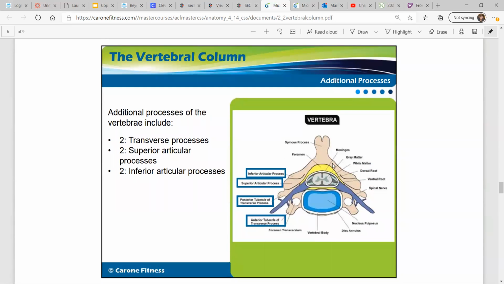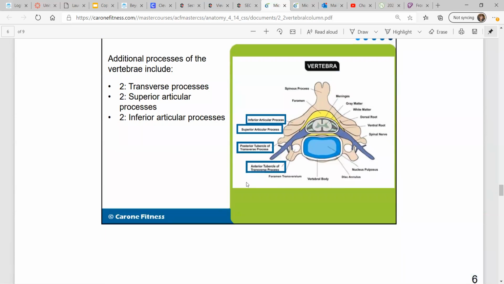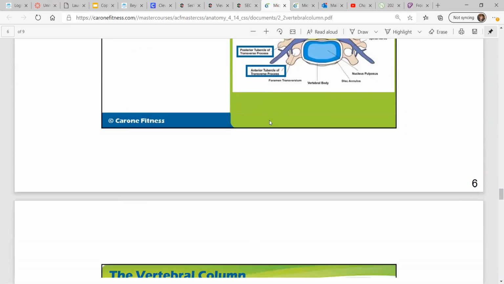Additional processes of the vertebrae include 2 transverse processes, 2 superior articular processes, 2 inferior articular processes. And those are listed here: the anterior, front, and then posterior, superior, inferior.